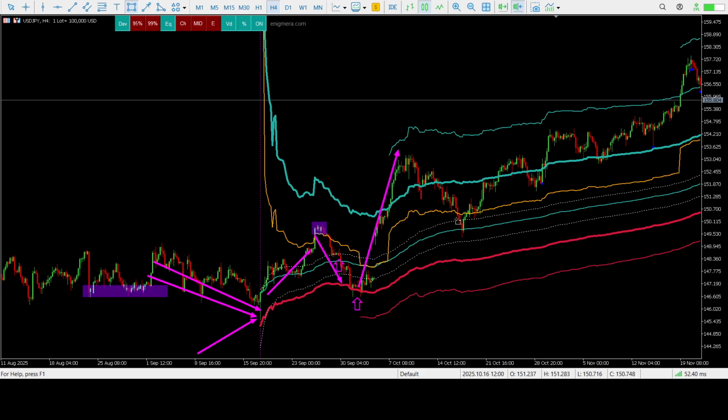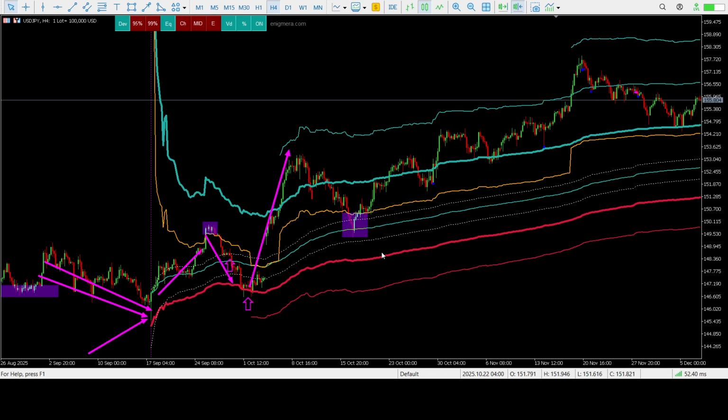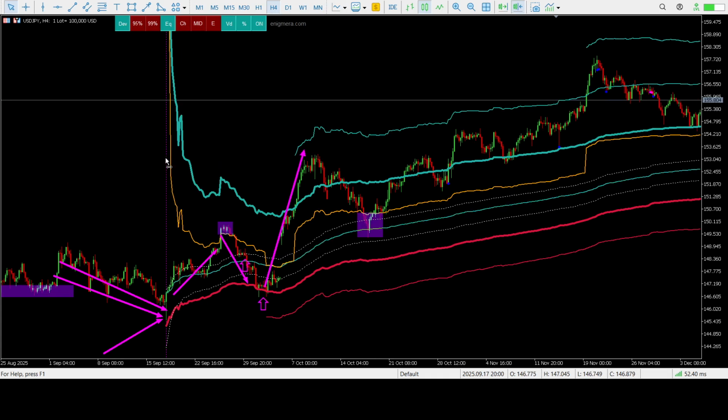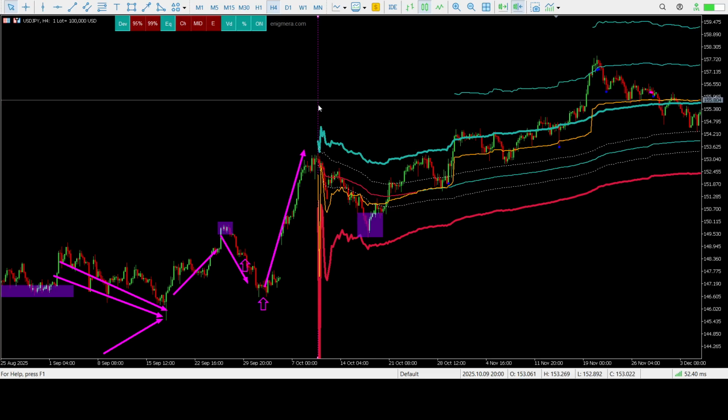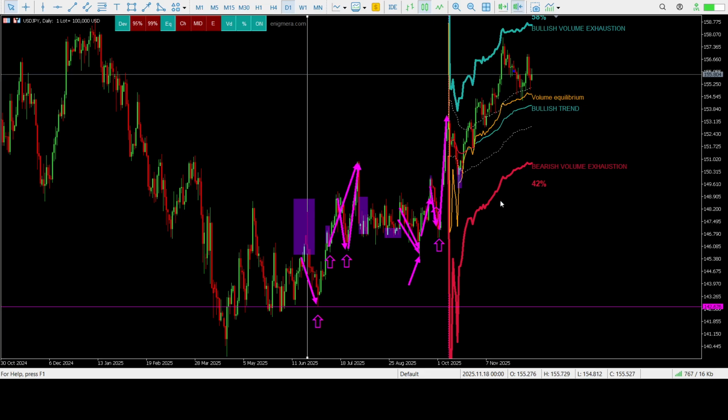After that we got a break, re-estimation again. Here is the next place, which must be checked again with the daily.